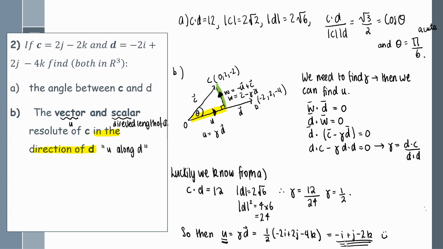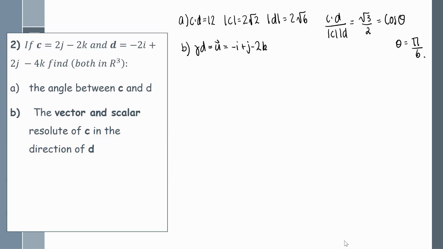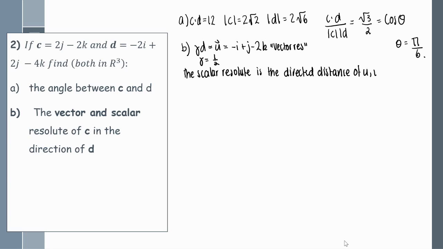That's our vector resolute. Now we just need to find the scalar resolute, or the directed distance of U in relation to D. We know that U is in the same direction as D because our gamma was positive and it was a half.